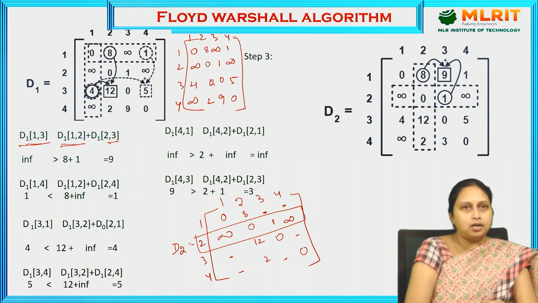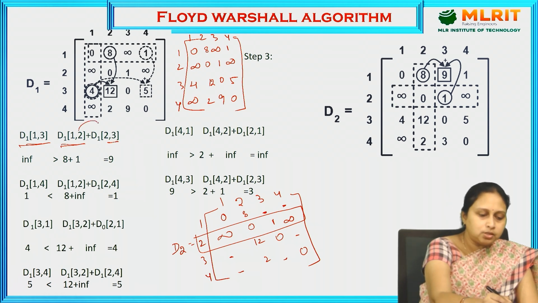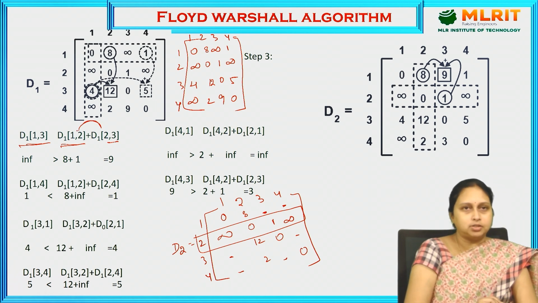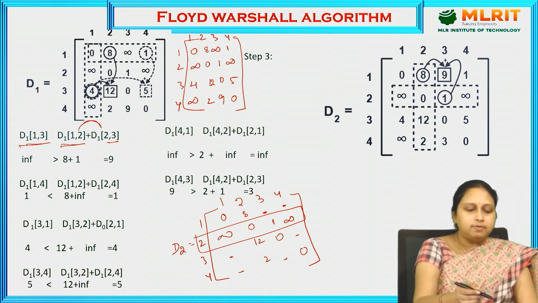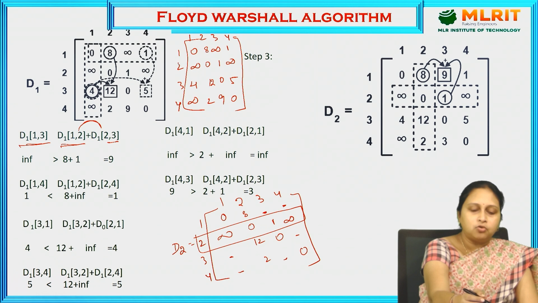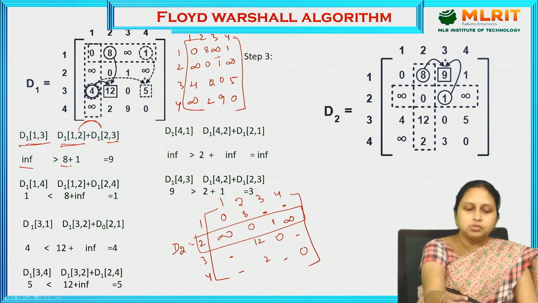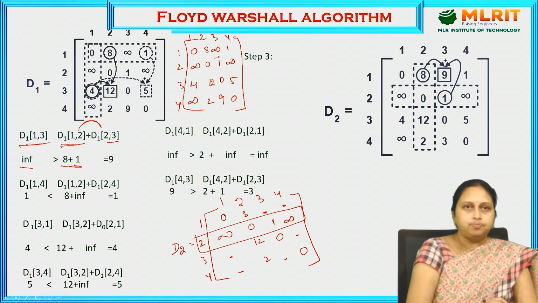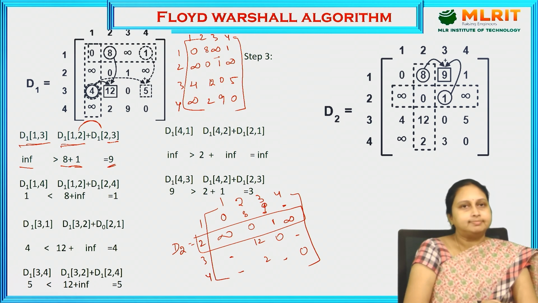These are the two values we need to take. Why? Because 2 is the middle vertex. Okay. What is the value of D1 of 1, 3? 1, 3 is infinity. D1 of 1, 2 is 8 plus D1 of 2, 3. 2, 3 is nothing but 1. That is 9. Infinity is greater than 9. So I am going to take the minimum value and place 9 here.